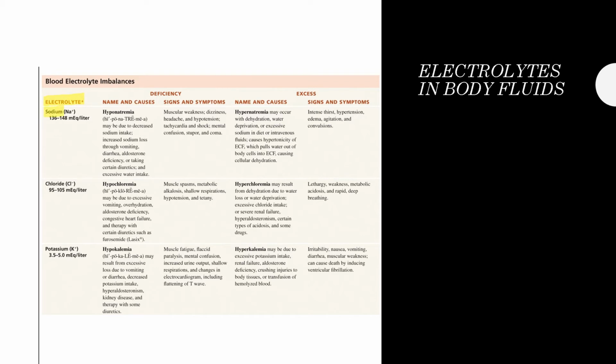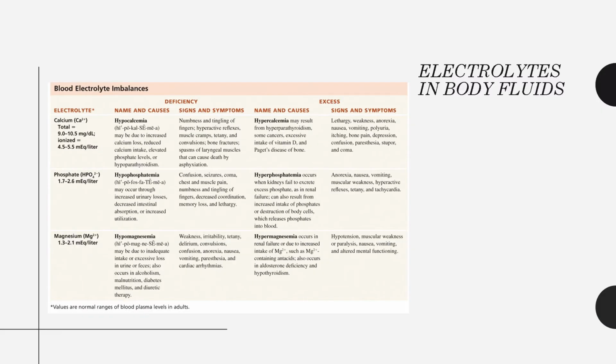We have sodium, chloride, and potassium. Here we have their deficiencies and the excess of those electrolytes. And then on this slide, we have calcium, phosphate, and magnesium. Again, you don't have to memorize this for the exam, but just for your interest's sake.